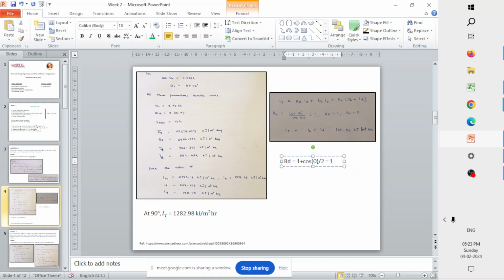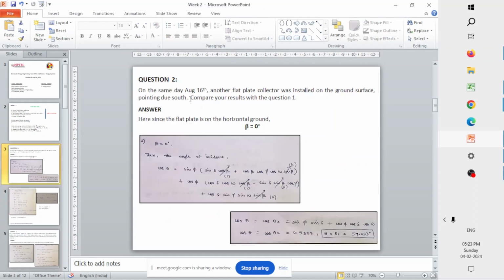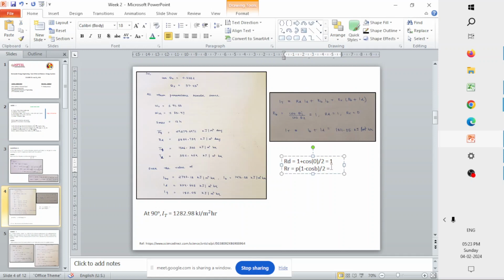And your Rr is rho into 1 minus cos beta divided by 2, which is rho. Here we took the example of New Delhi. In New Delhi there will not be any snow covering the ground surface, so the value of rho will be 0.2, that is the reflective radiation coefficient will be 0.2.